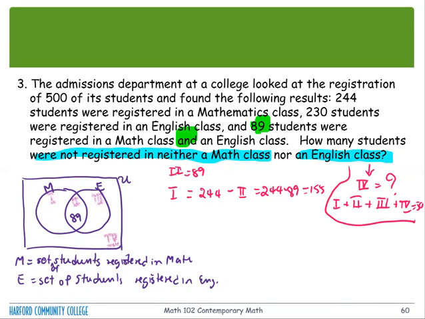And then the other piece of information is that 230 students were registered in an English class.